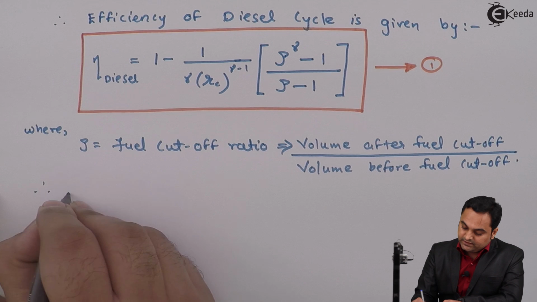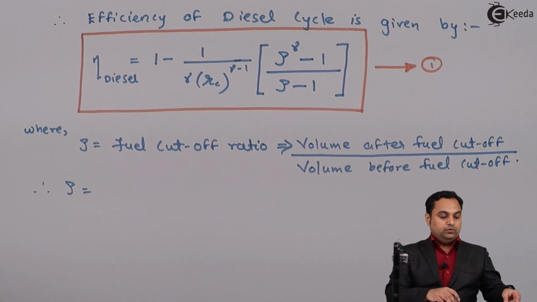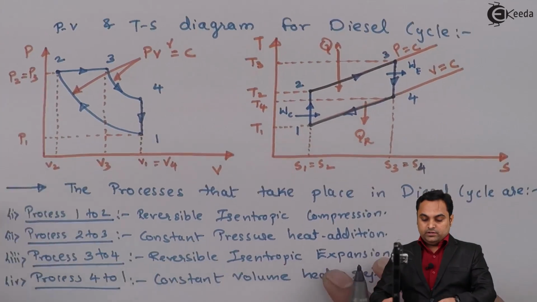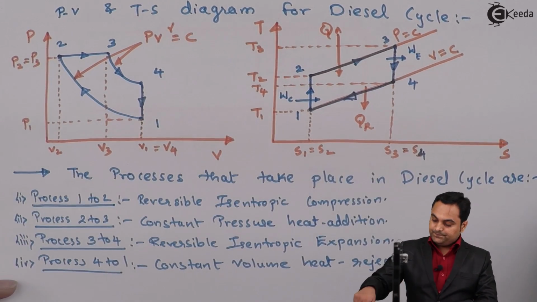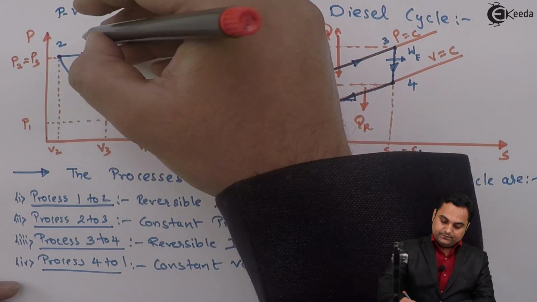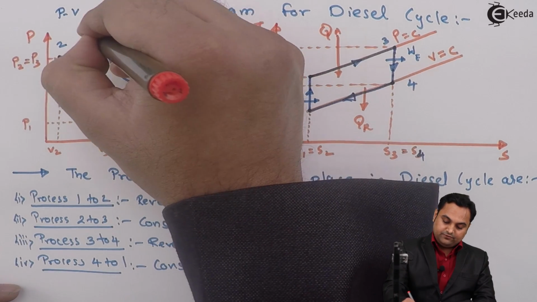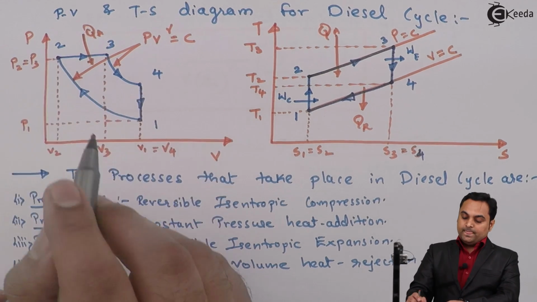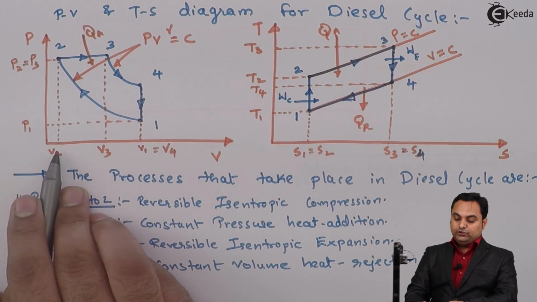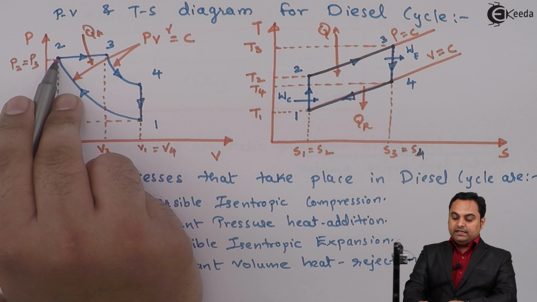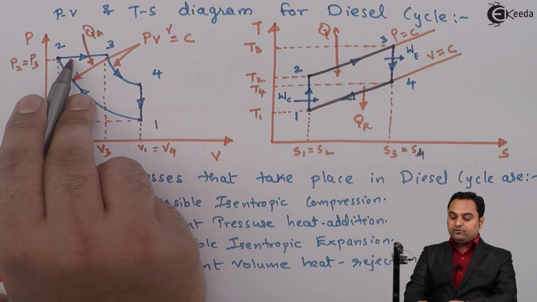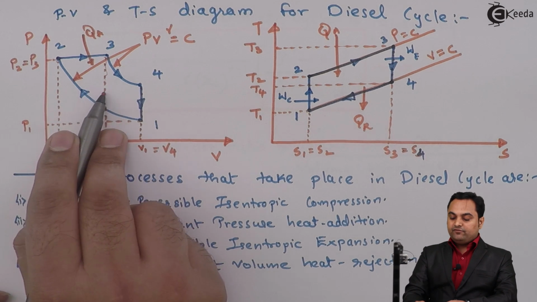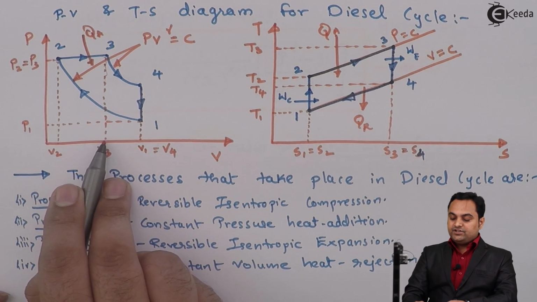Now if we see that the fuel injection, fuel addition starts, heat is added from 2 to 3. So fuel injection starts at point 2, that is, this is the volume V2 before fuel injection, and then the fuel is sprayed from 2 to 3, and point 3 is the point where the fuel has been injected completely.